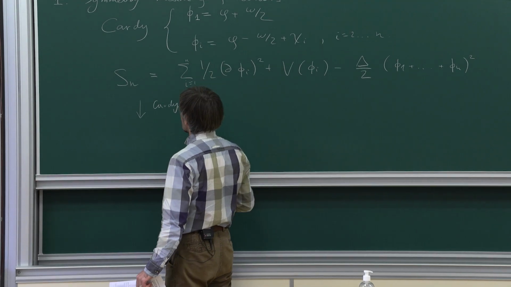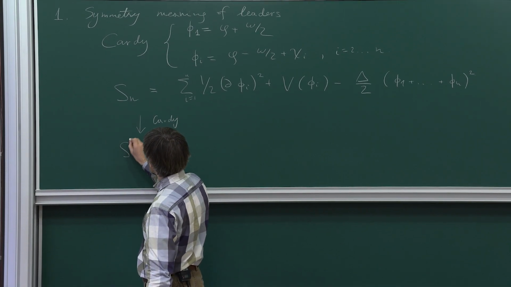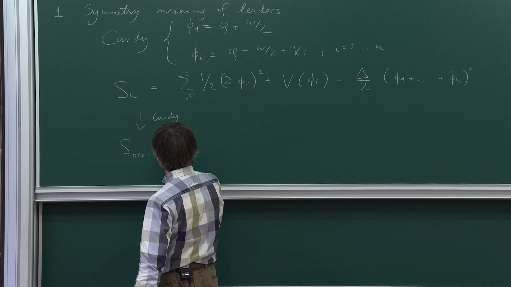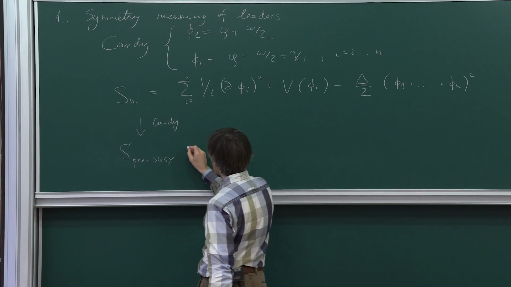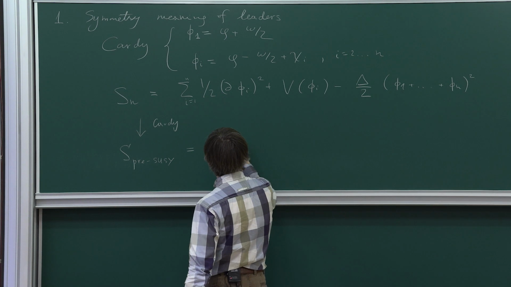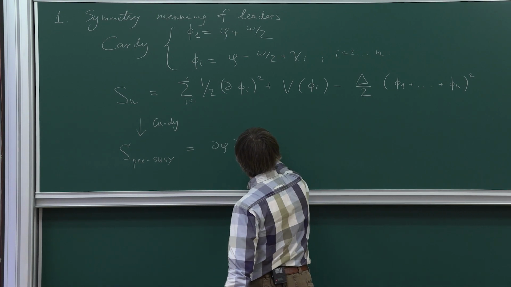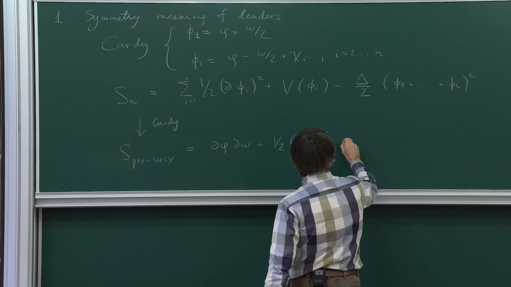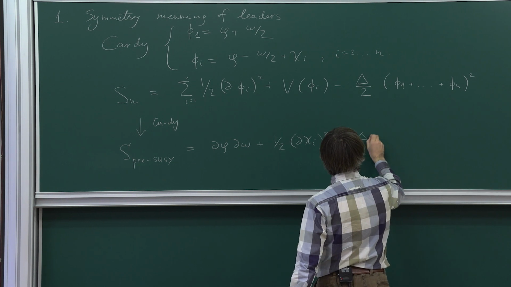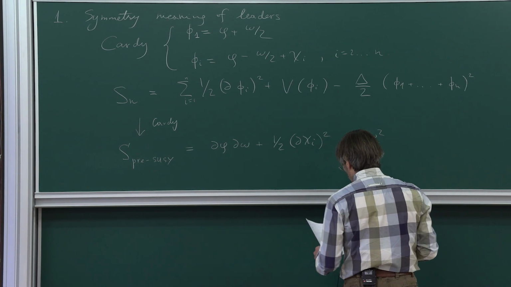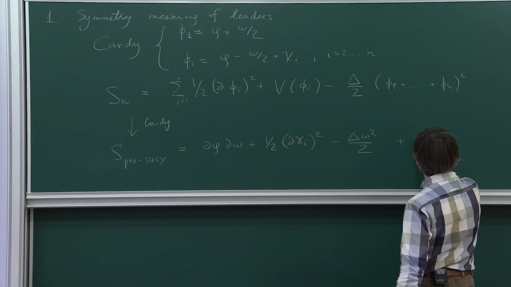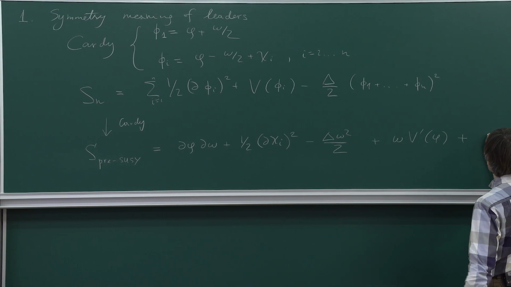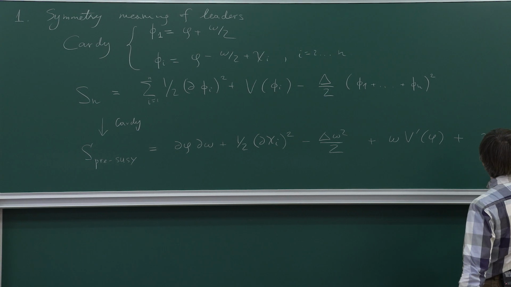So with this Cardy transform, we mapped this Sn action onto something that one can call the pre-SUSY action, which has the following form. It's d curly phi d omega plus 1/2 d chi I squared minus delta omega squared over 2 plus interaction terms which have the form omega v prime of curly phi plus chi I squared v double prime of curly phi.